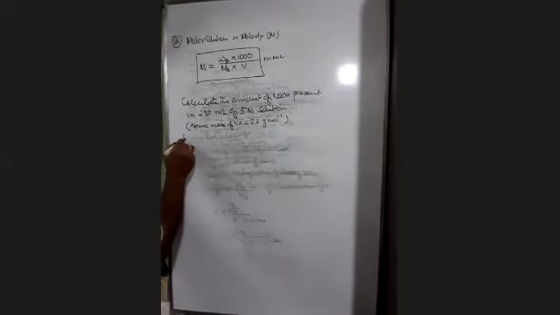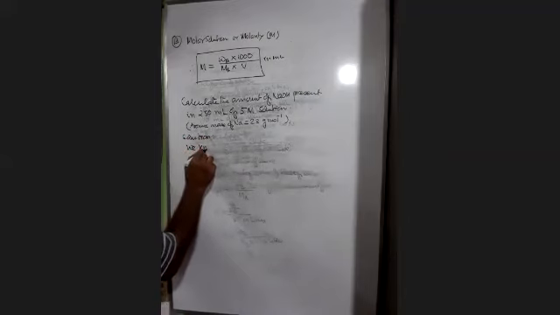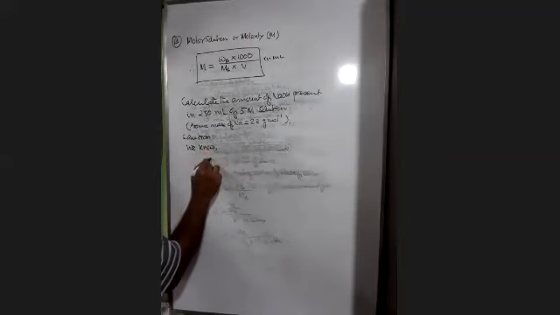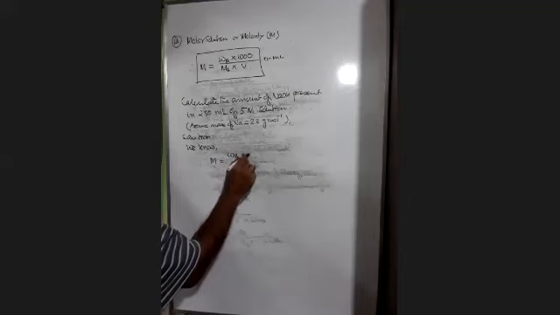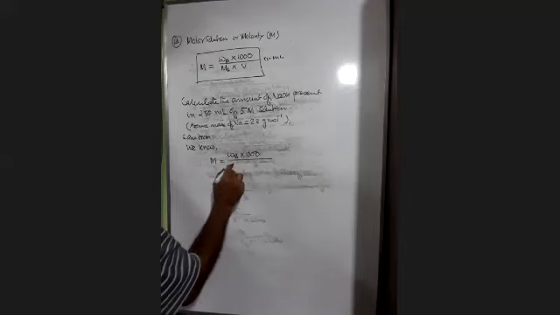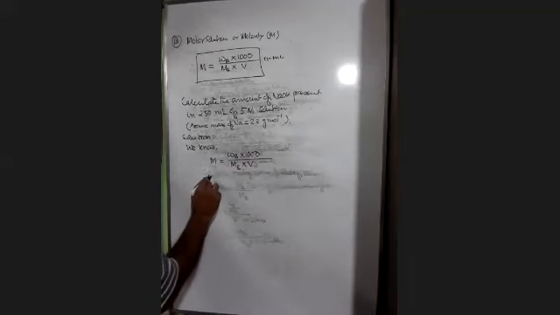So how will you do it? See here. We know M is equal to WB into 1000 divided by MB into V. What is the value of M? 5 molar.